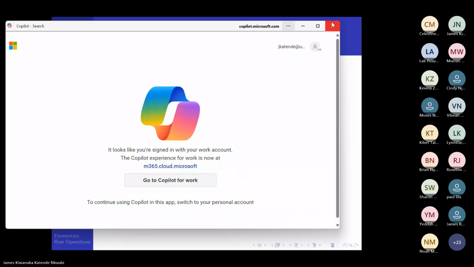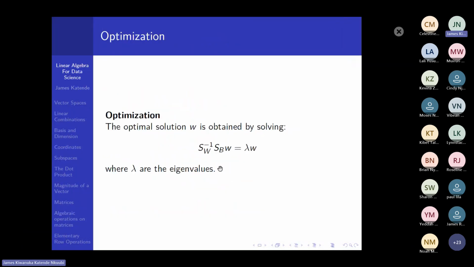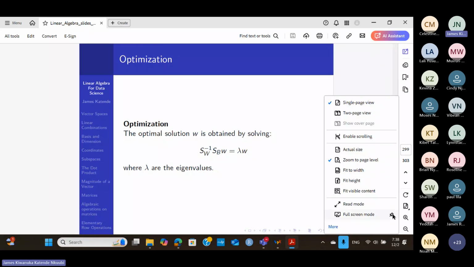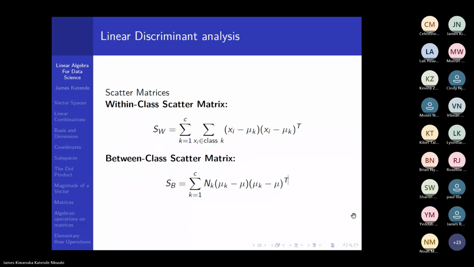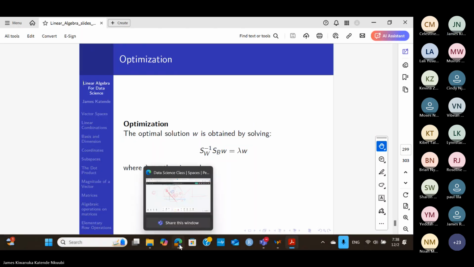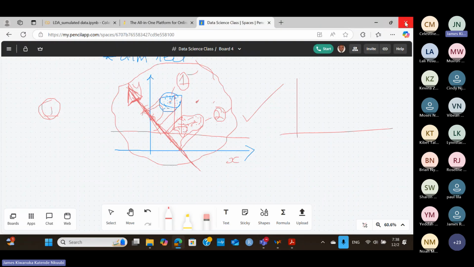Hey, what is happening? Something is not right. Yeah, now they are moving. I think I need to close this. No, but I will need it.